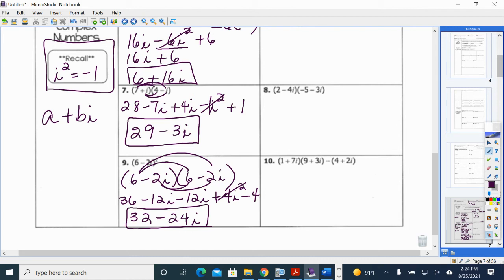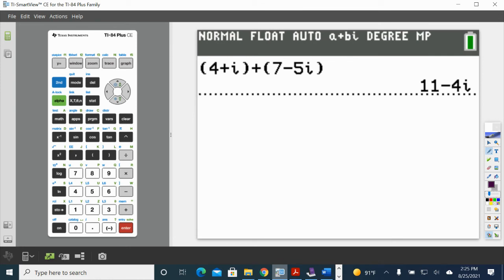But again, I say to you, if you're really struggling as you're going through these, you want to make sure you understand how to use the calculator. Let me show you number 10. In the calculator, you've got 1 plus 7i times 9 plus 3i minus 4 plus 2i.